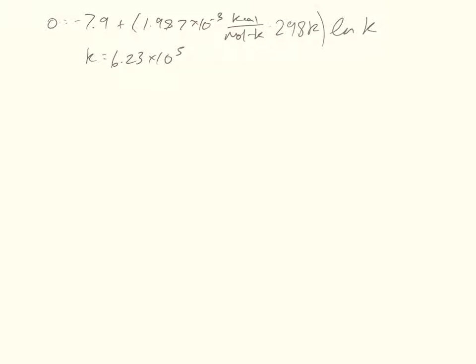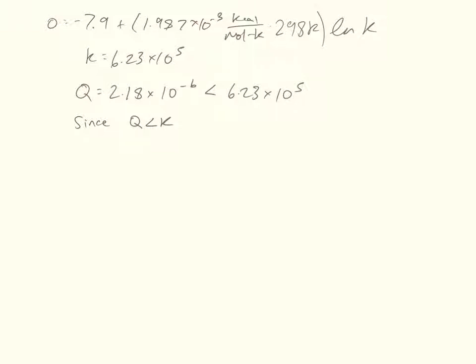So now we have our value of K, we have our value of Q that we calculated earlier. So we can compare those two. We determined that Q was equal to 2.18 times 10 to the negative 6th. That is less than our value of K, which is 6.23 times 10 to the 5th. And so we can look at our rules and see that if Q is less than K, the reaction is proceeding.